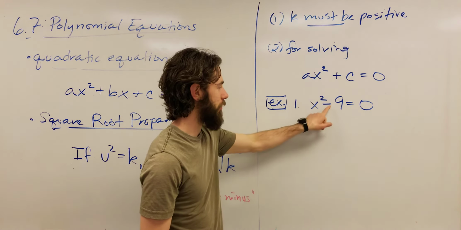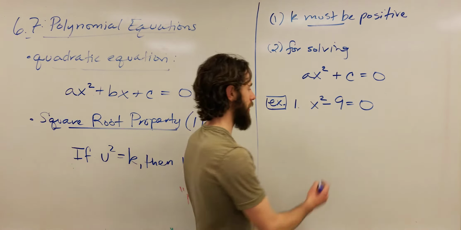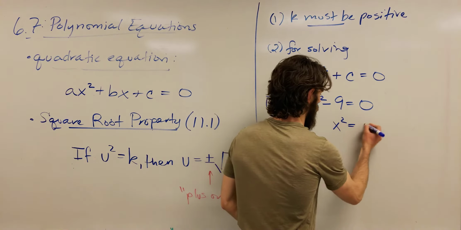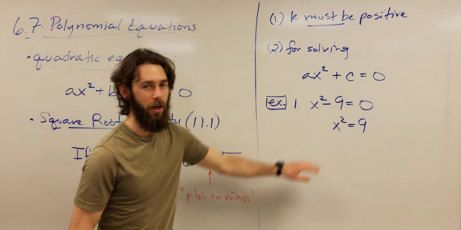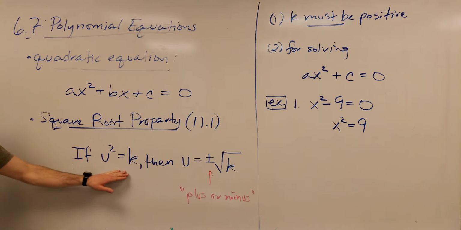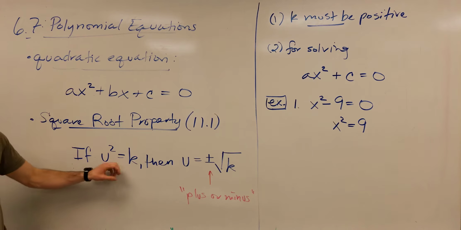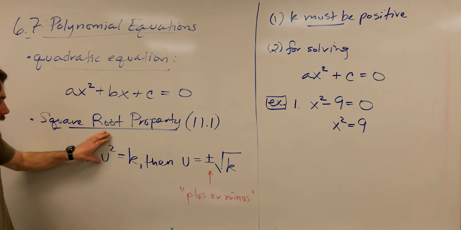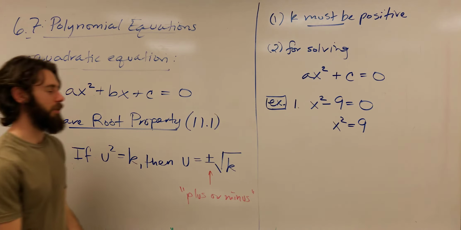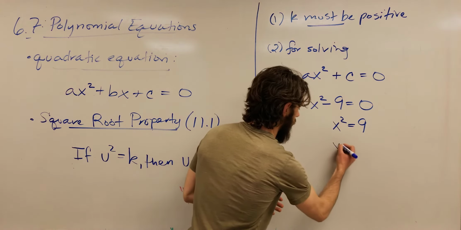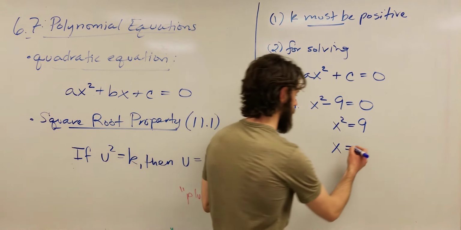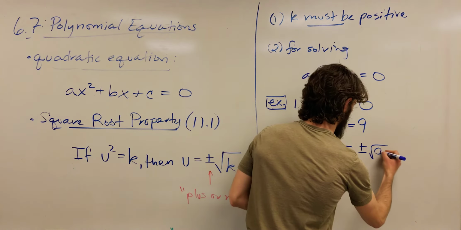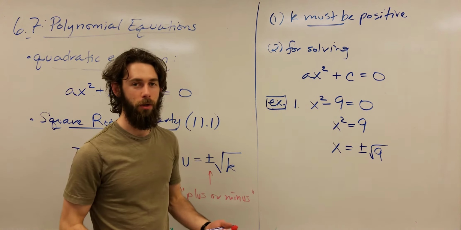So all we need to do is first move the 9 to the other side. Okay, now we can see we have x squared equals 9. That looks just like the square root property. So that means that if I want to get the square off of the x, I can say that x equals plus or minus the square root of 9, which we know to be 3.